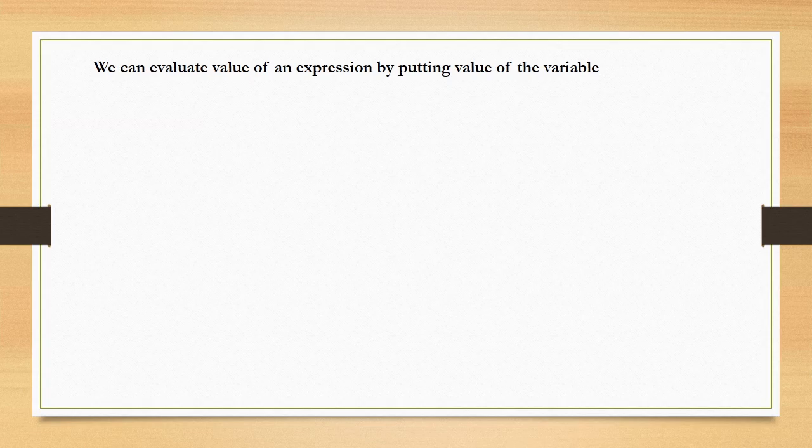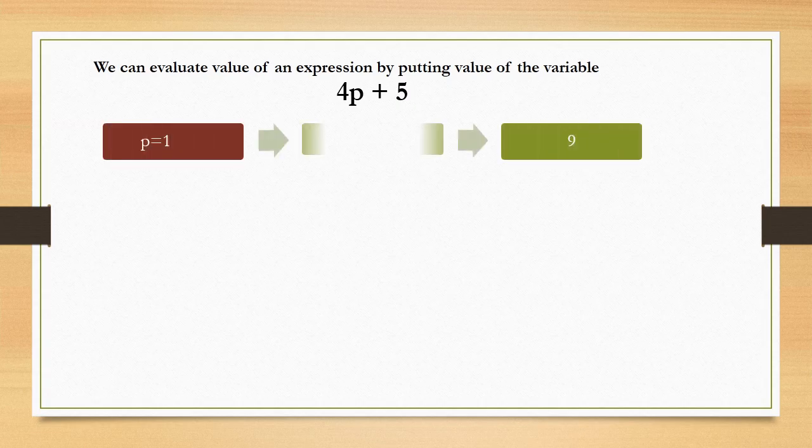Then how can we evaluate the value of an expression? Suppose this is an expression 4p plus 5. The value of this expression depends upon the value of the variable. Suppose I take p equal to 1.